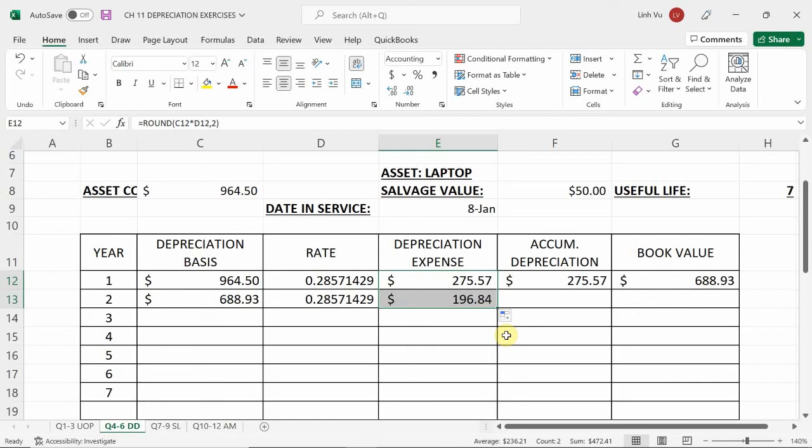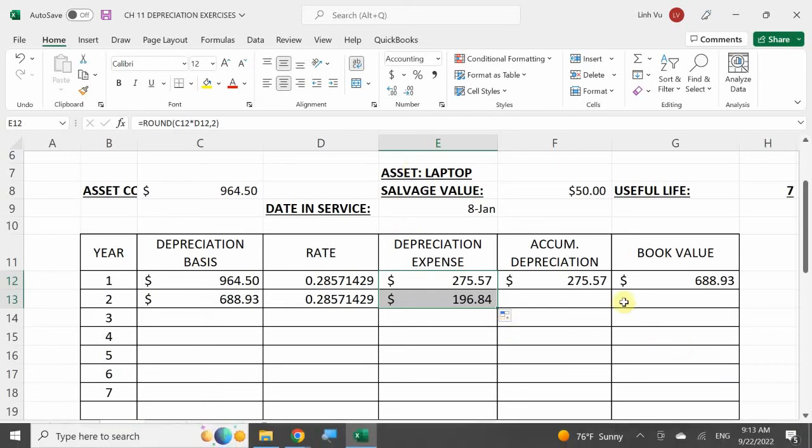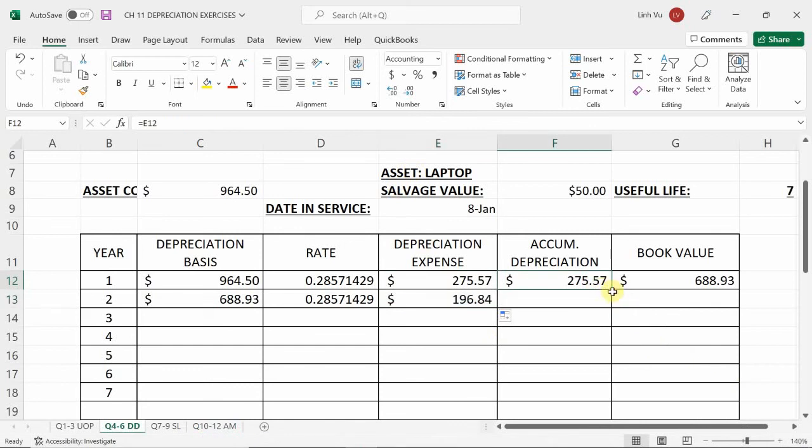Good. So what's your accumulated? $472.41. Oh, yeah. Sorry. I forgot to add them. 470. Yep.